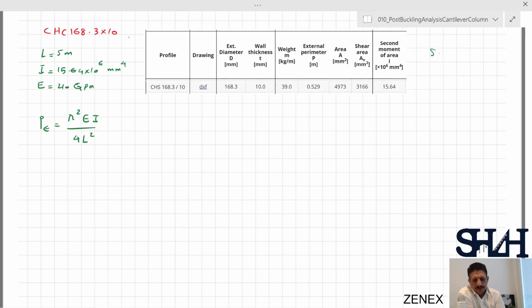Let's assume that we are using S355, meaning that Fy is 355 megapascal. So then Euler force will be pi squared times 210, 15.64, over 5,000 to the power of 2. So it will be 324 kilonewton.